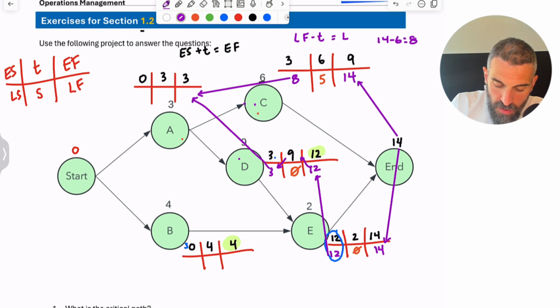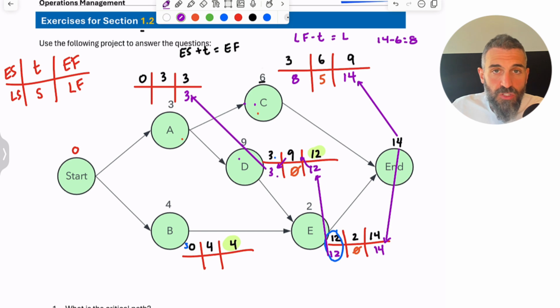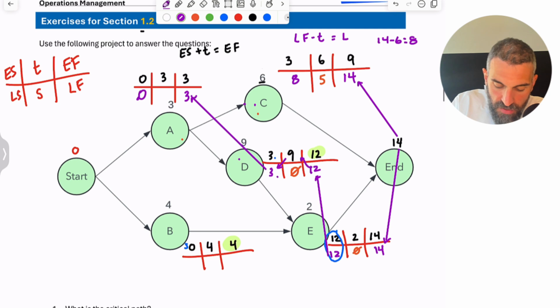Here we pass back the smaller one, so the 3 goes here. The logic is that this has to be 3 so that D can start by week 3. If you were to pass back the 8 and activity A finished at week 8, D would be delayed. 3 minus 3 is 0, so activity A is another critical activity. It has no slack time.